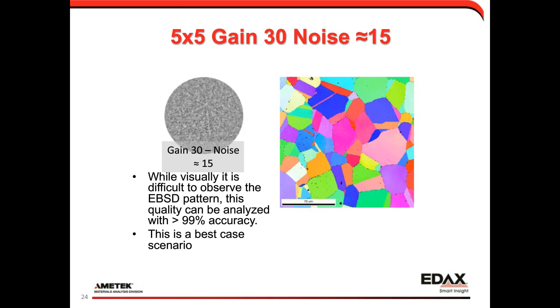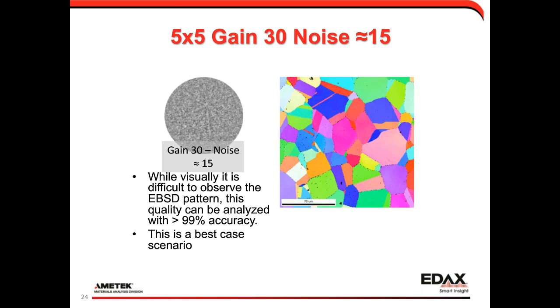If we can't visually confirm if the pattern is giving good quality results, how do I know if our parameter choices are good ones? What I usually do when I'm looking at my camera settings is I'm not going to start off with a map. I'm going to start off with what we call survey mode. In survey mode, I'm basically pulling out a pattern and indexing it right away.